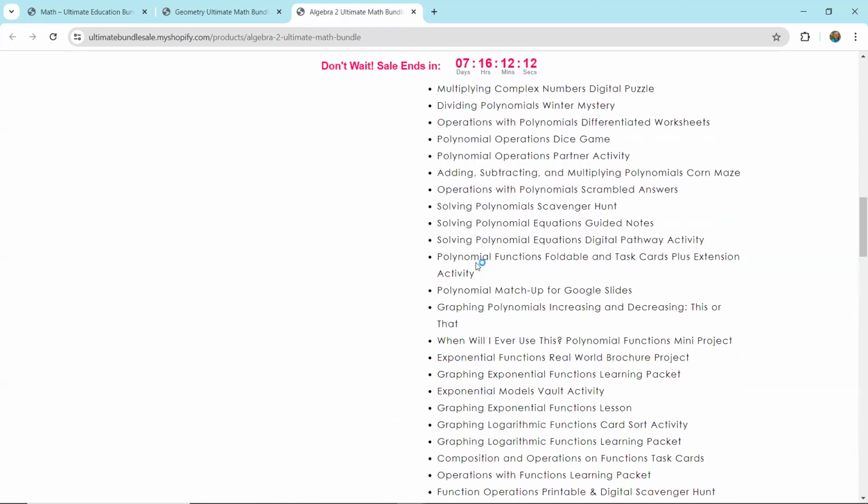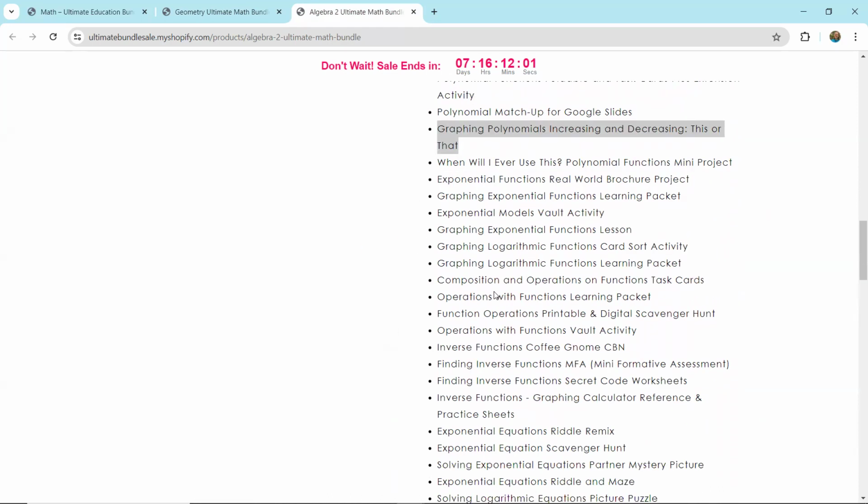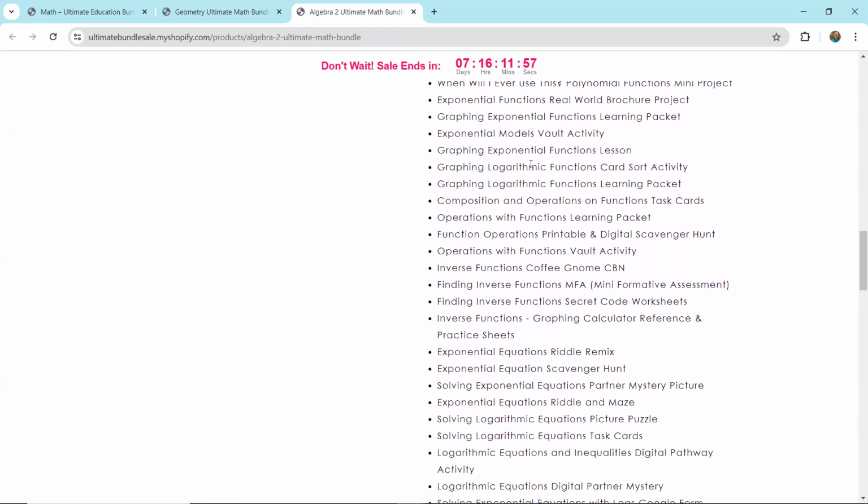That sounds cool. Solving polynomial equations, graphing polynomials, increasing and decreasing. That's an activity that I do. The this or that is something that I created that I have found a lot of teachers have had a lot of success with. They really enjoy that one. So I'm grateful for that.